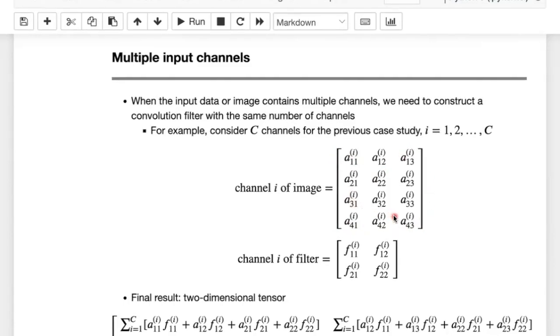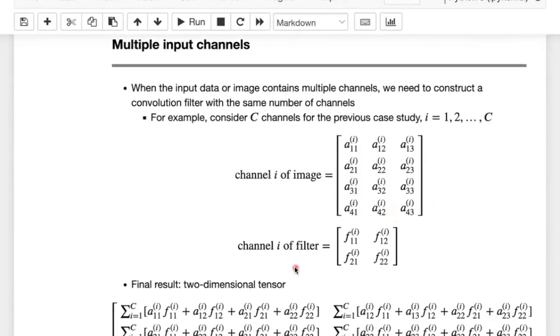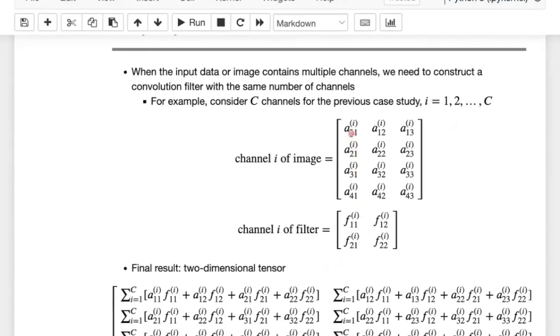So it's going to be a 3-dimensional tensor, but right now I'm just looking at one of those slices. And in this case, our kernel or filter should also have the same number of channels. Otherwise, we cannot do the convolution. And once we confirm that it has the same number of channels, then we perform the multiplication, which is element-wise, and addition for each channel. And then we add this result across all channels.